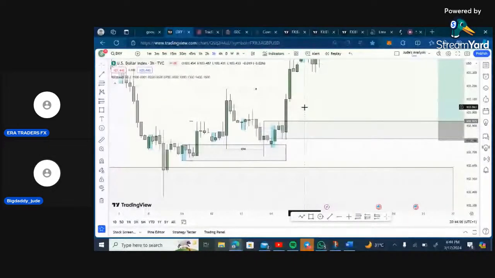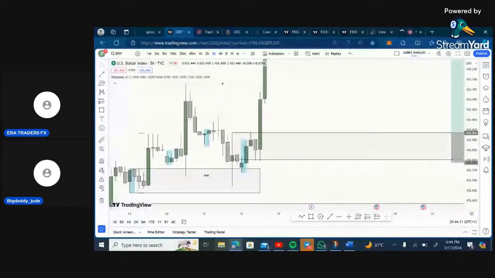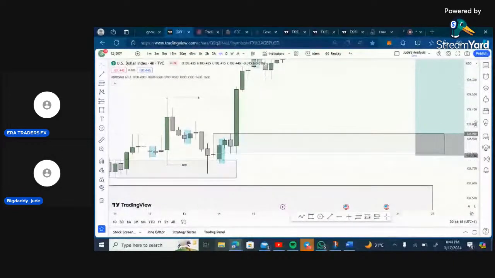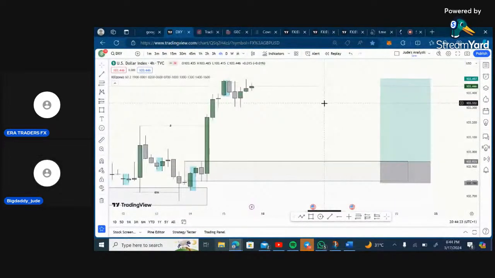After a break of structure, you identify what caused the break of structure and expect price to retrace into that zone after a nice build up of liquidity above it. Then retrace into this zone right here.